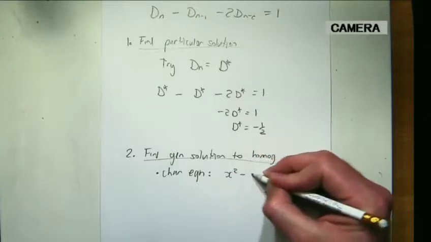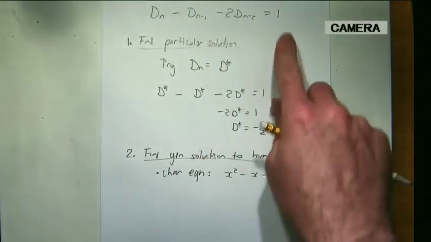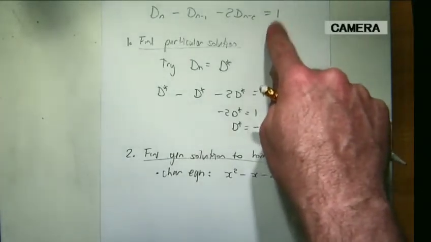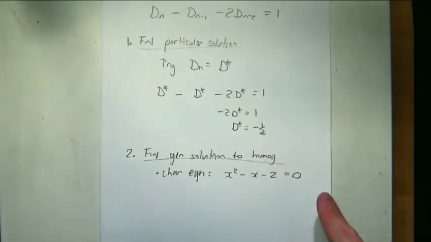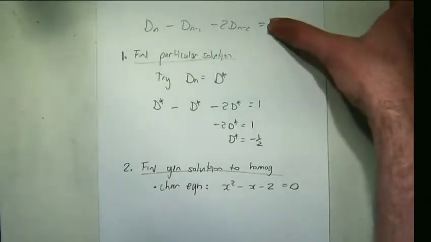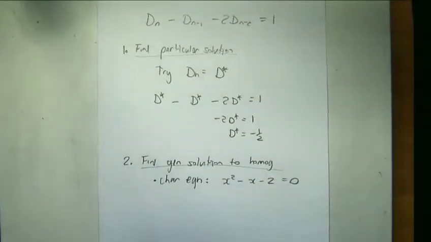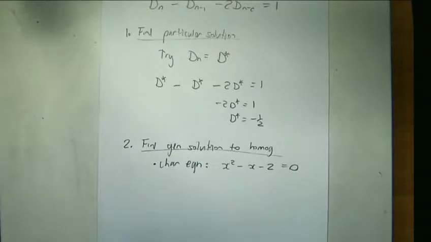So x squared minus x minus 2 equals 0. Don't get into the trap of putting the equals 1 here, it's always equals 0 when you make the characteristic equation. I find it helpful to say, well, it's the homogeneous one, that's supposed to be 0, and remind myself it's 0 first, and then write this. And then I need to solve that.